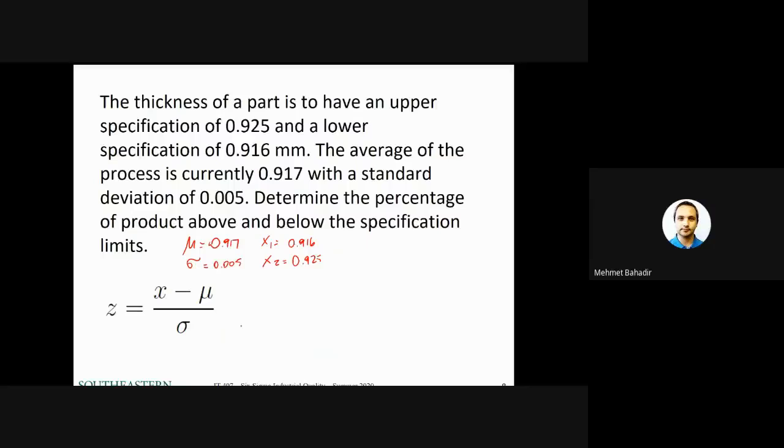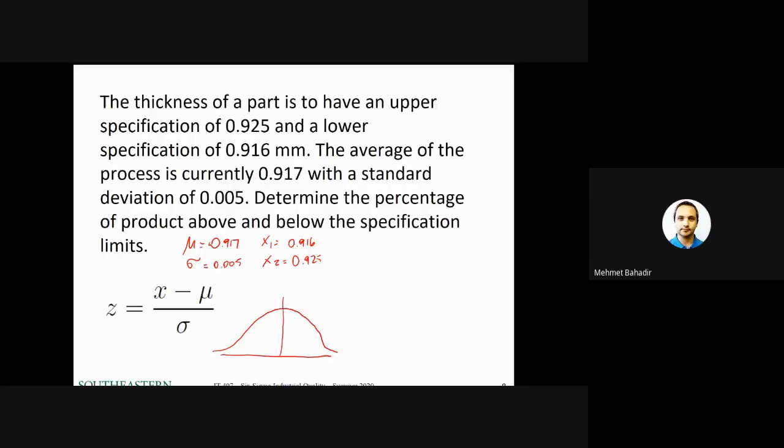And let's do the graphical representation on a normal distribution. Oh my God, my normal distributions are always not so symmetrical because of the pen that I'm using on that screen.